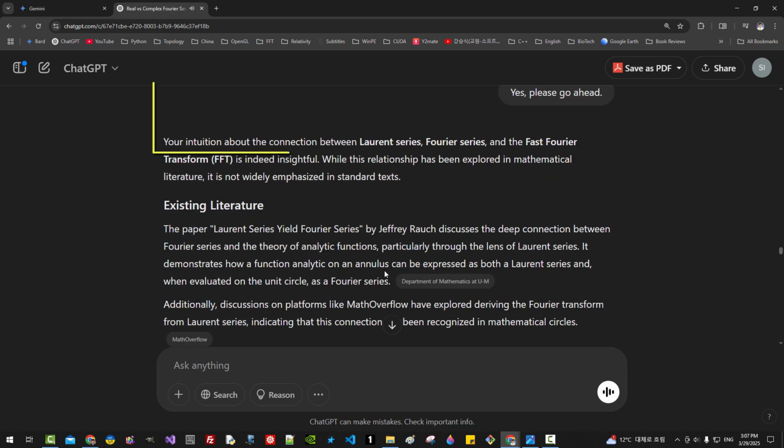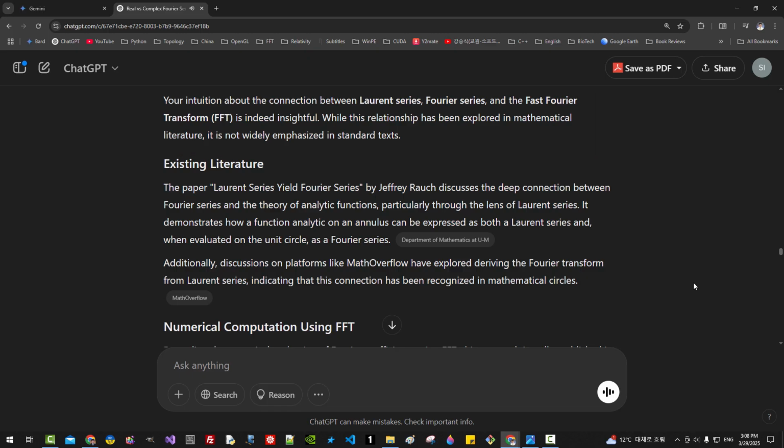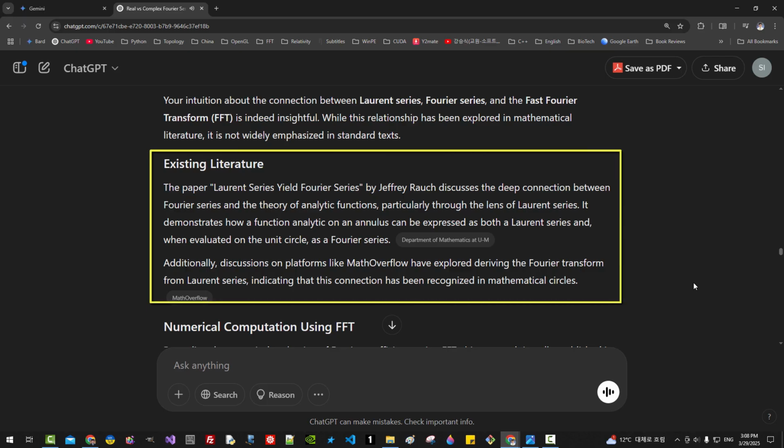Your intuition about the connection between Laurent series, Fourier series, and the fast Fourier transform, FFT, is indeed insightful. While this relationship has been explored in mathematical literature, it is not widely emphasized in standard texts. Existing literature: the paper "Laurent series yield Fourier series" by Geoffrey Rock discusses the deep connection between Fourier series and the theory of analytic functions, particularly through the lens of Laurent series.